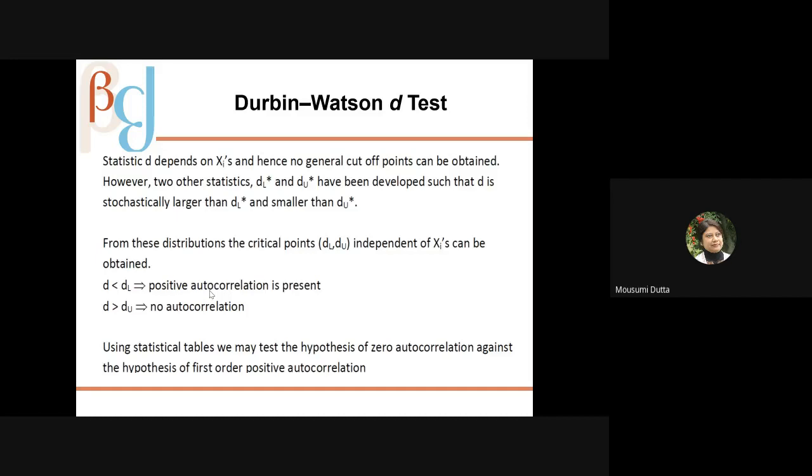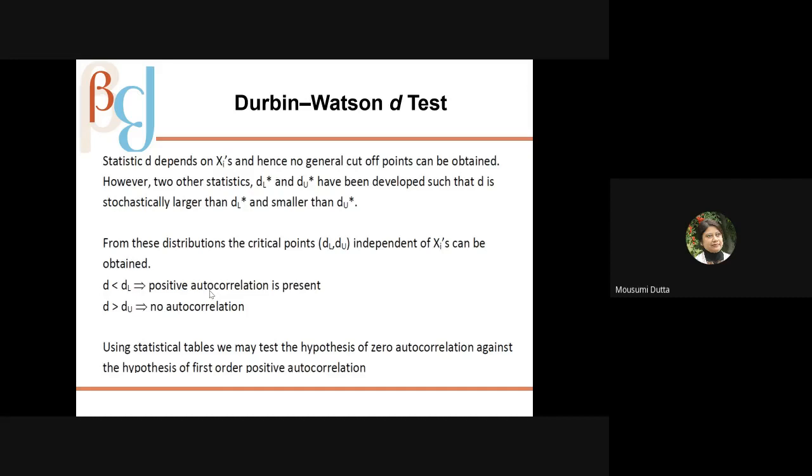Actually, if I use the multiple regression model, as I mentioned, I can show you EI is equal to M into U, where M is an idempotent matrix prepared by X variables. I could not show you that part because I could not introduce the multiple regression so far. Therefore, I avoided that part.